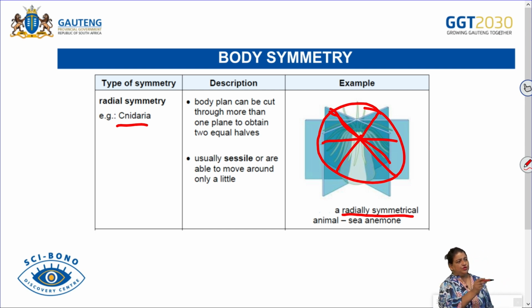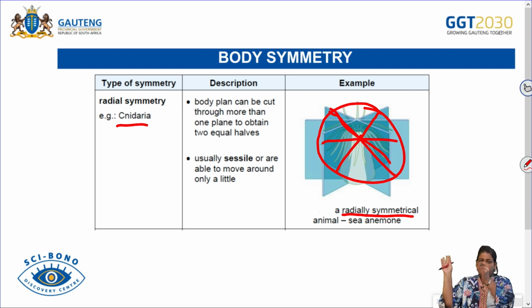Remember that also your sponges can't move around. They actually stick to the base, actually attaches itself to a plant or a rock, so that they are freely moving, and then their tentacles move around and dangle to trap insects and food, as well as in the sea as the currents are moving.